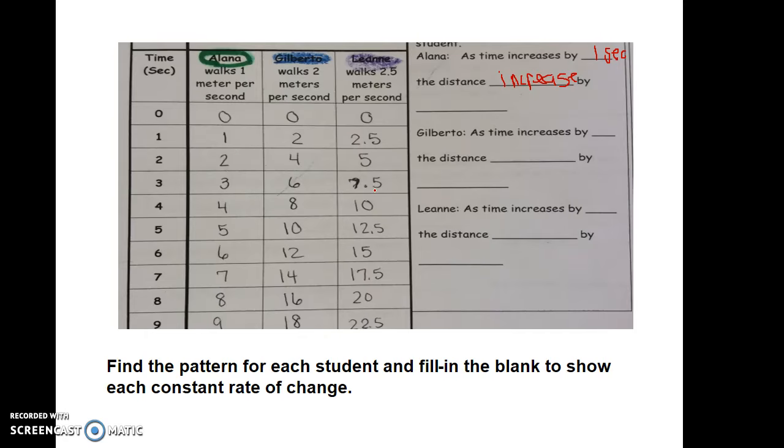It's going up by 1. So by 1 meter. So as her time increases by 1 second, her distance increases by 1 meter. So if you would please fill in the blank for the other 2 students, what you're writing is the constant rate of change.